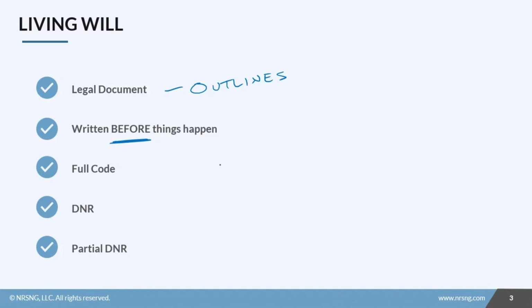For example, if a patient doesn't want to be on a ventilator or be intubated, then those things can be outlined in a living will. And the other thing that's talked about in living wills sometimes are code statuses. And you're going to hear a lot about code statuses all throughout your nursing career. Code statuses are basically policies in every hospital, and they help to designate what the patient would want in the event of a life-threatening emergency.